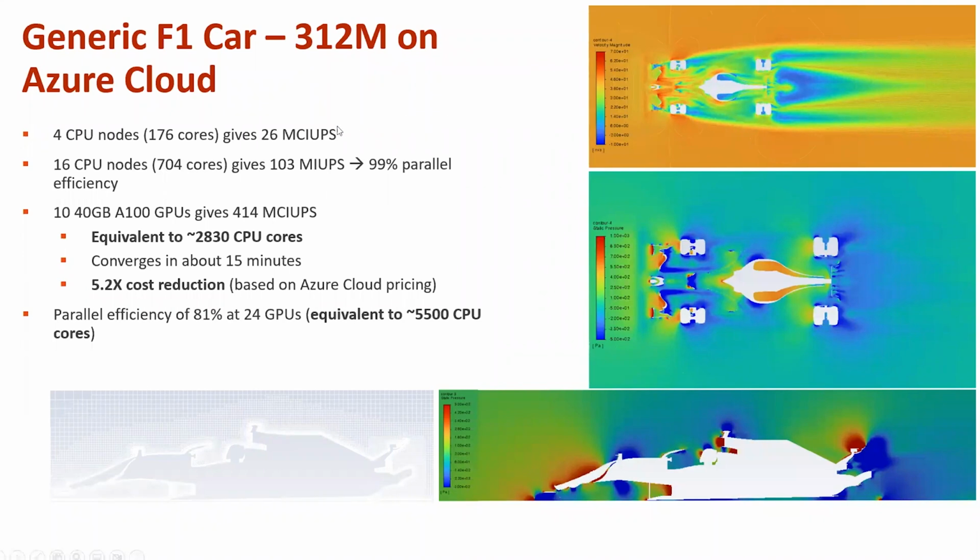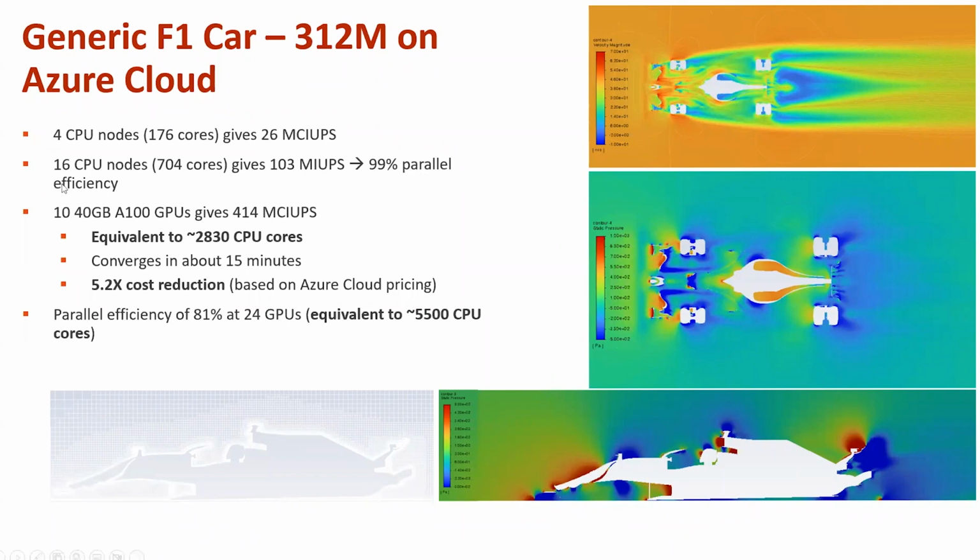What that basically means is that you can solve a 26 million mesh cell problem in which it takes 1 second for one iteration. Now, if you increase those 4 CPU nodes to 16 CPU nodes, that increases this 26 number to 103, right? So that's almost 99% parallel efficiency, which is great.